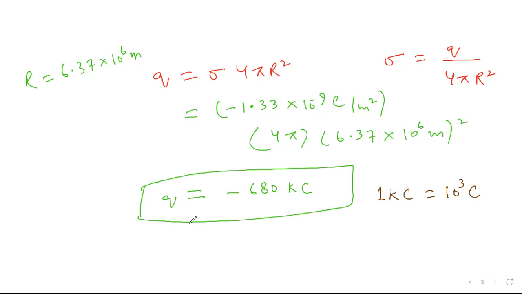So this total charge possessed by the Earth is Q, which is minus 680 kilocoulomb. Check the calculation. This is our answer.